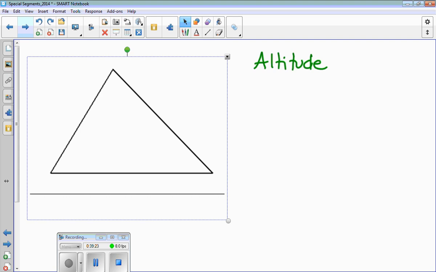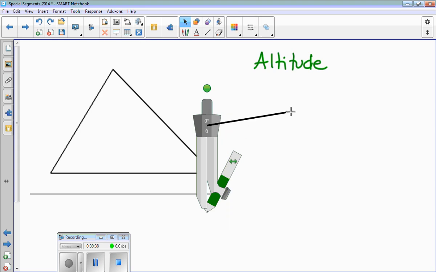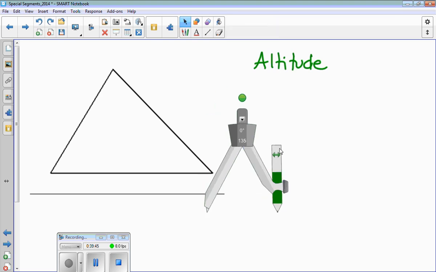It's easier for me to do it from the back here. I'm going to sit back here and do it. But let's look at this altitude here. So let me pull up my compass. All right, I have to find the midpoint of these two sides.